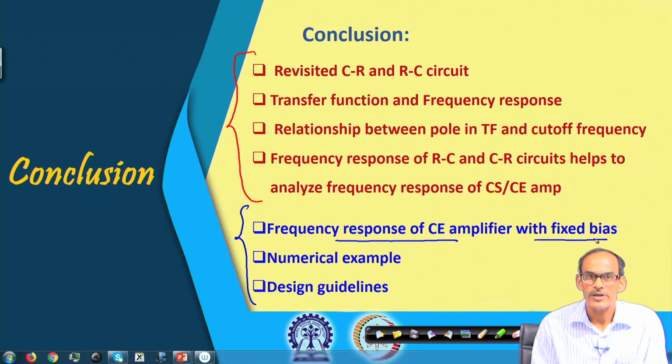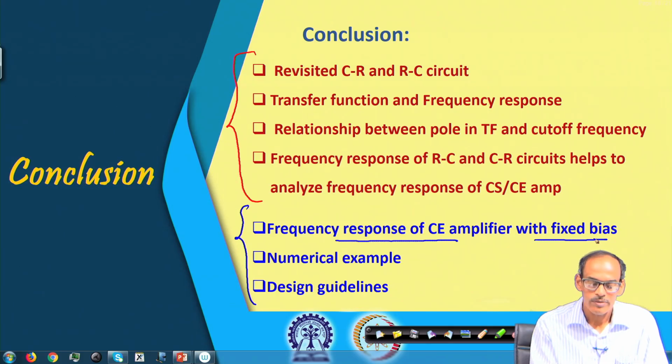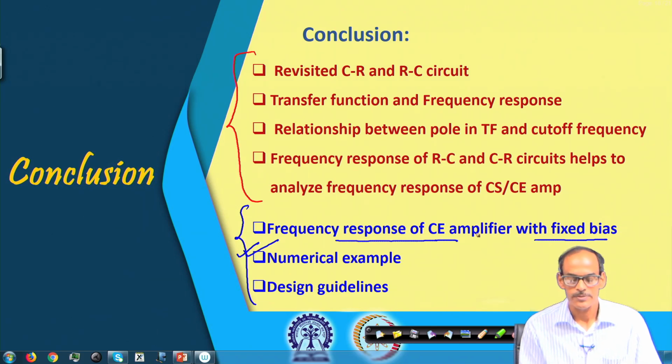When we say fixed bias, it may be only with RE or RE in parallel with CE. Then we discussed numerical examples for common source and common emitter amplifiers with two types, one is fixed bias, another is self bias.